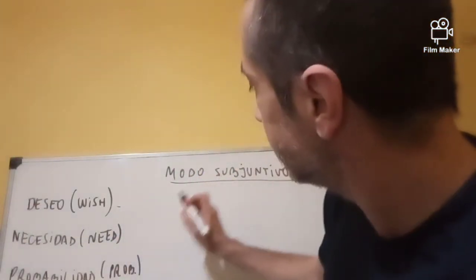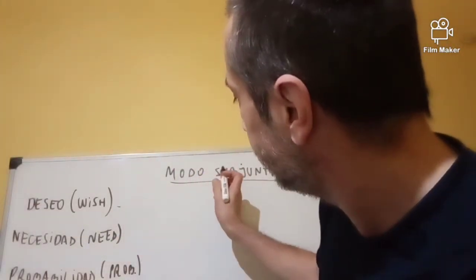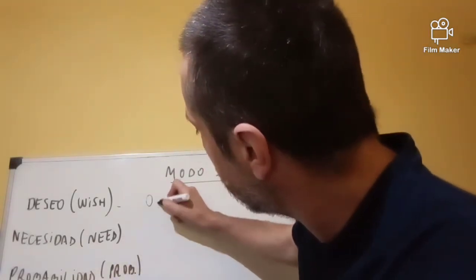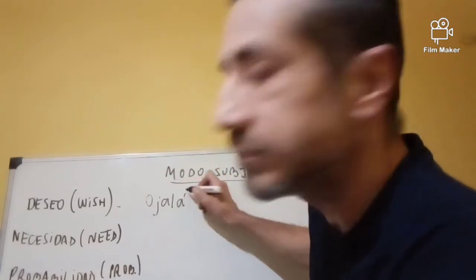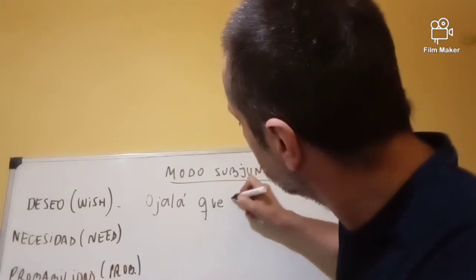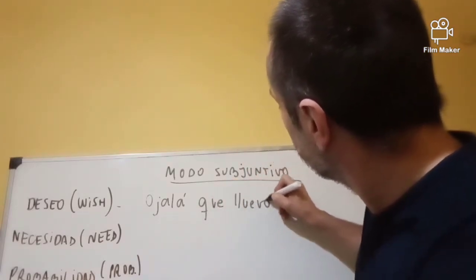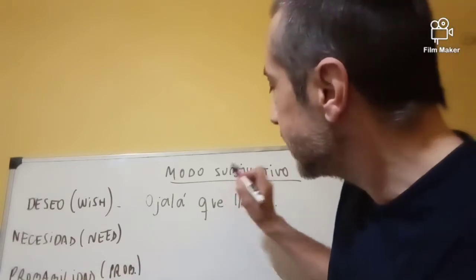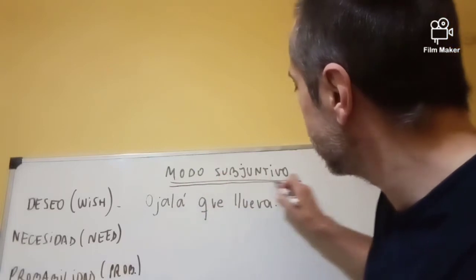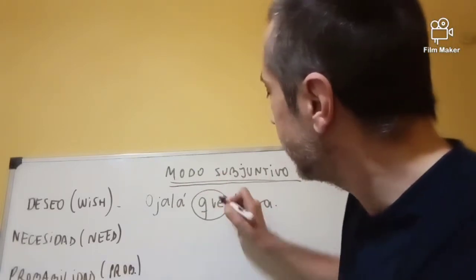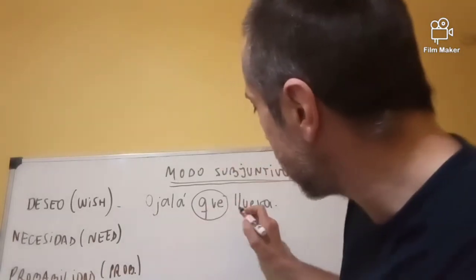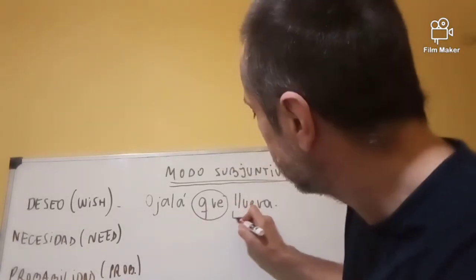We use this modo to express a wish. Ojalá que llueva. In most cases, this mode takes this subordinator to start the subclause here.